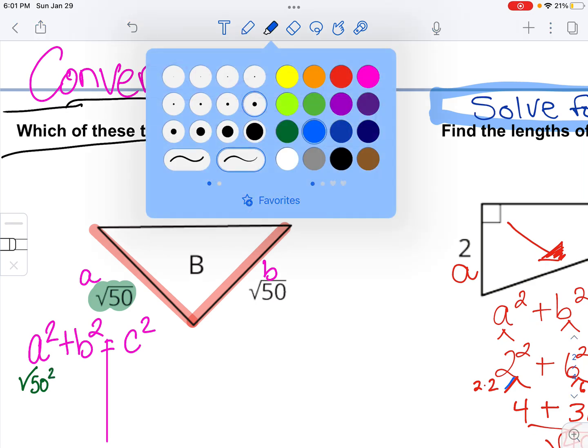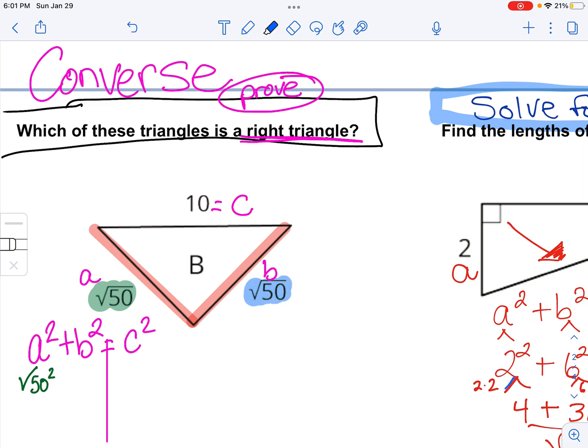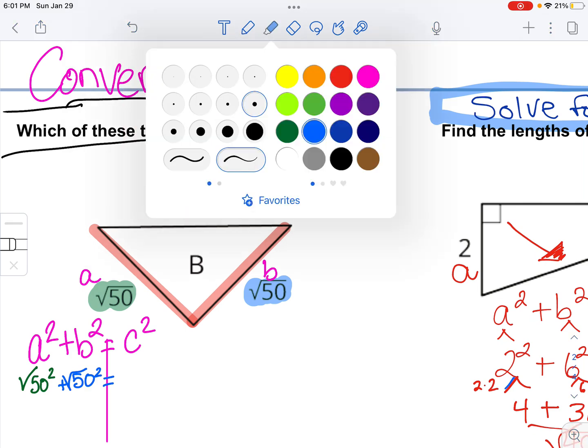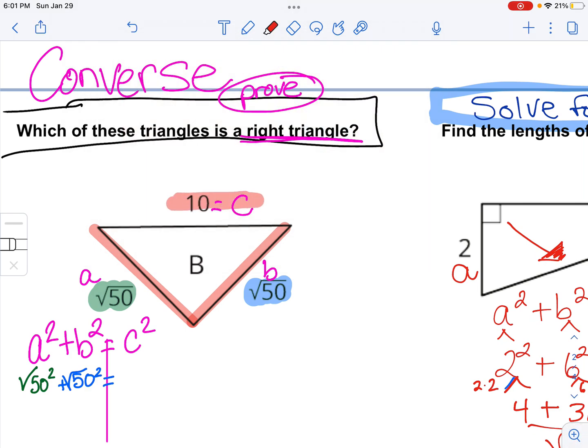My B is the square root of 50 as well, and I have to square that. Does this all equal my C? And my 10 is C. So then I'm writing 10 squared.